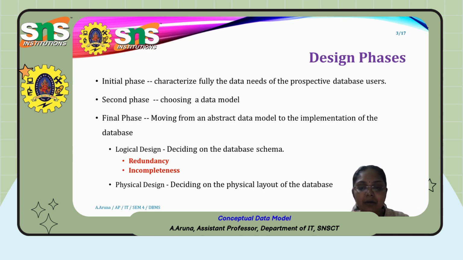So before going to the database design, first we have to get the input from the user. And also, as a database architect, we're going to collect the data from the perspective of the database user. In the second phase, based on the user input, we have to create a data model.